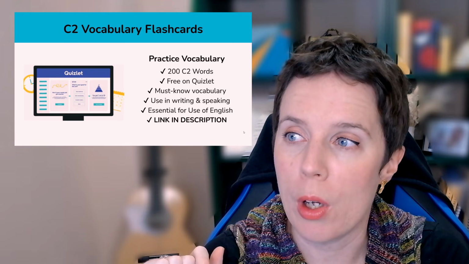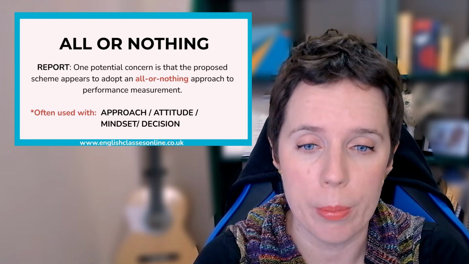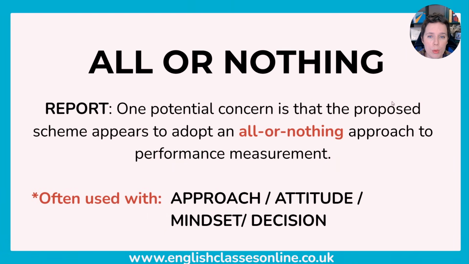We're going to head on to our next binomial, which is all or nothing. Okay, so we've got an example here, to use this in your report. So one potential concern is that the proposed scheme appears to adopt an all or nothing approach to performance measurement. Okay, so you can see here I've also put that this often collocates with approach, attitude, mindset, and decision. They're the words that we tend to collocate with all or nothing. Okay, so all or nothing is kind of exactly what it says.